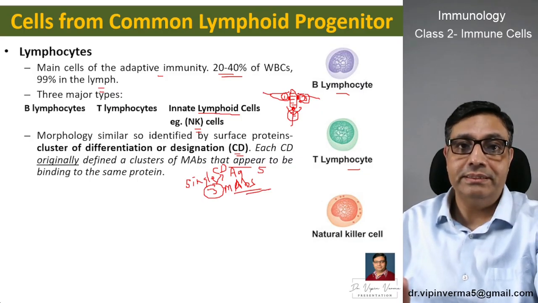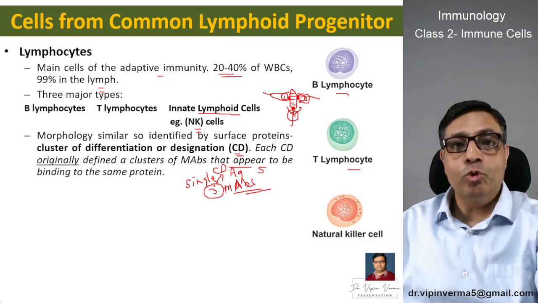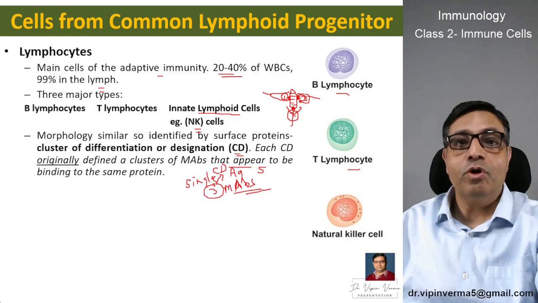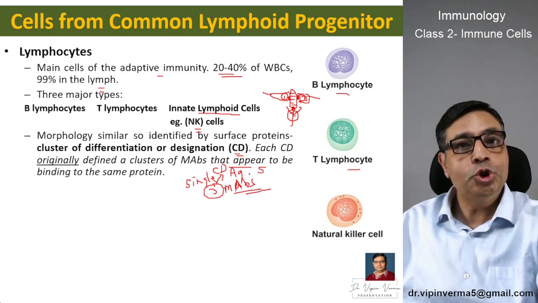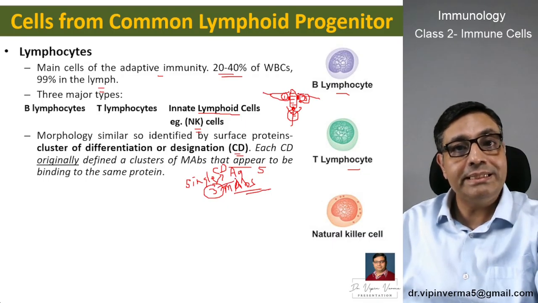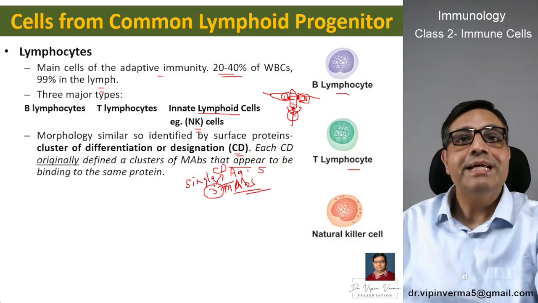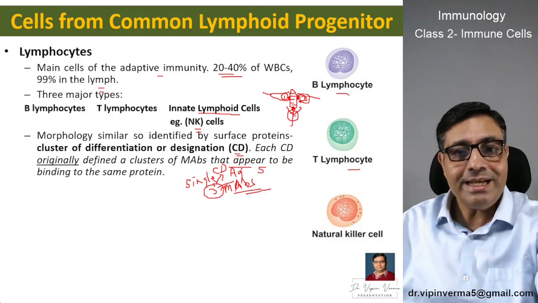Even if it is recognized by two monoclonal antibodies but not the third one, then this is not the right protein. So the condition is that the antigen should be recognized by these three monoclonal antibodies, and only these three, and then this is known as a cluster of differentiation or designation.